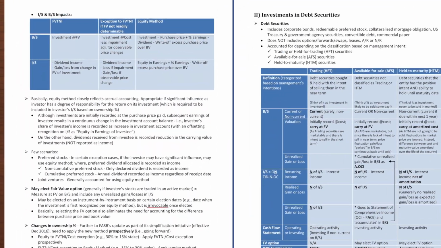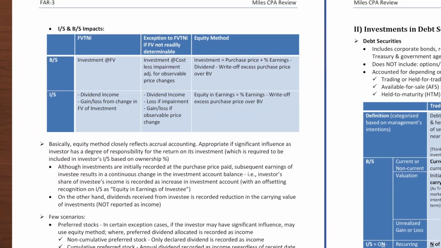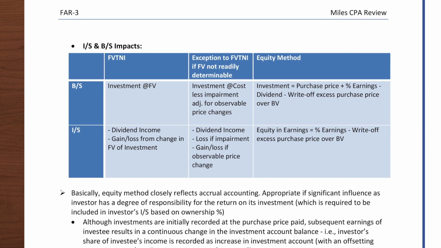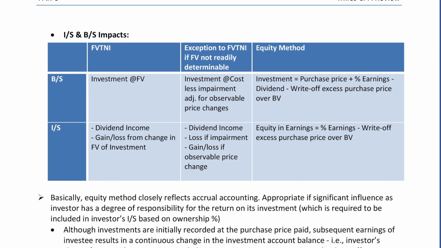On page 8, we look at one final recap of fair value through net income versus the equity method, highlighting the income statement and balance sheet impacts. Circle balance sheet. Now on the balance sheet, under the fair value through net income method, the investment is at fair value.